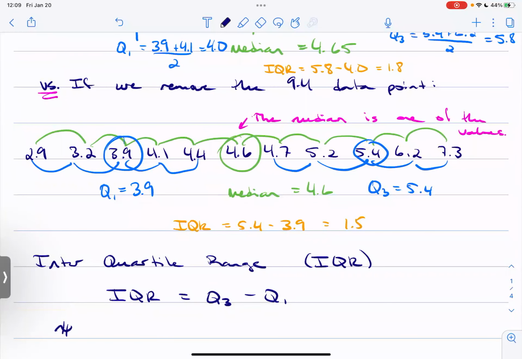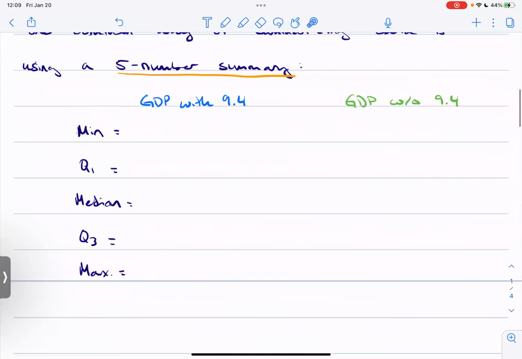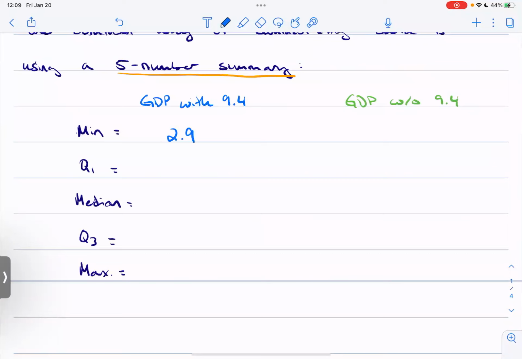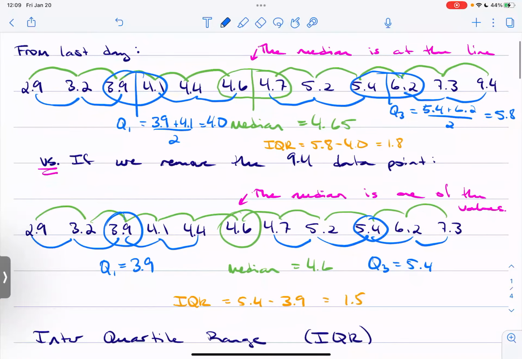So like I said, I like to start with the minimum and maximum, just quick wins. 2.9, 9.4. The median, I think I remember 4.65. I'll just double check here. 4.65.